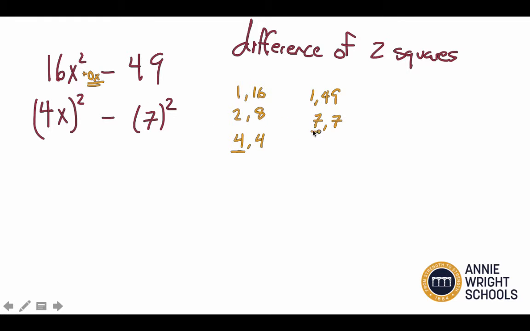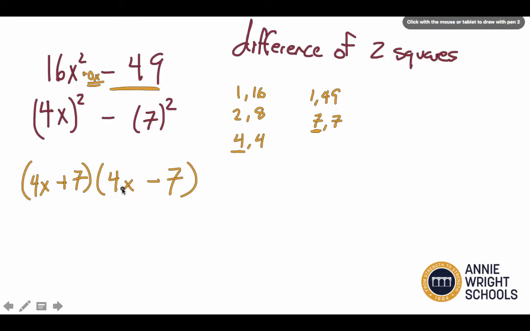Well, 4 times 7 is 28 and 4 times 7 is 28, and 28 minus 28 is 0. So we have a 4x times a 4x, and a 7 times a 7. Because this last number is negative, you have a plus sign and a minus sign, and you're done. It's a difference of two squares.